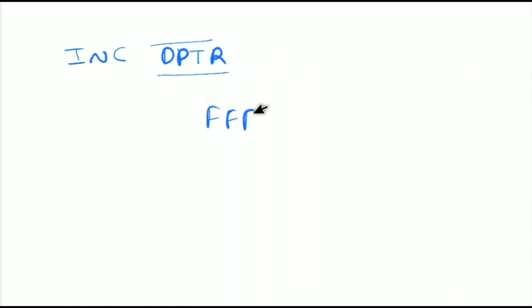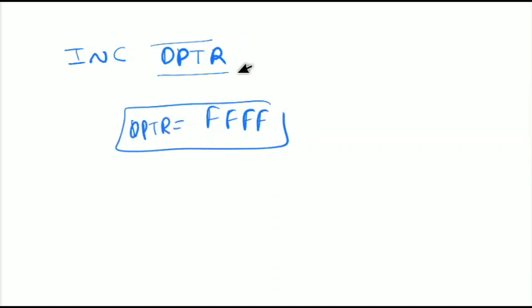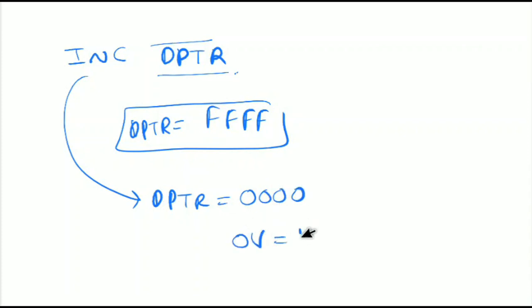Obviously if DPTR is already holding a value of all Fs before this instruction, then after this instruction DPTR will become all zeros and the overflow will occur, because now this DPTR is not enough to hold the result of this increment, as it is already holding the maximum value. Still if you increment by 1, it will overflow. That means 1 will overflow, then again you start with all zeros. So this is about increment.